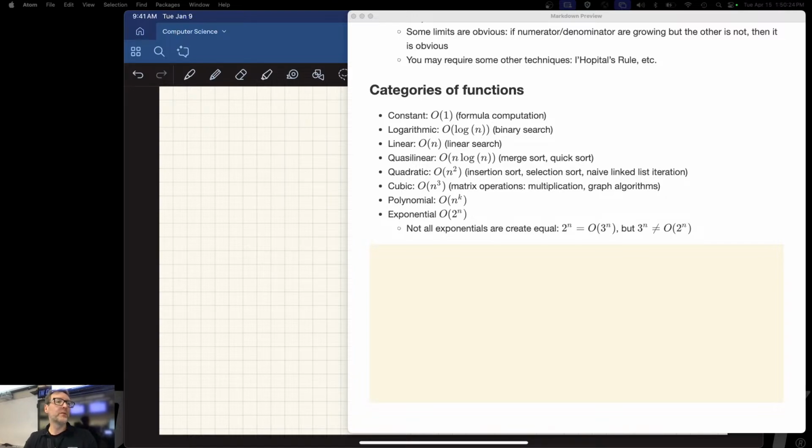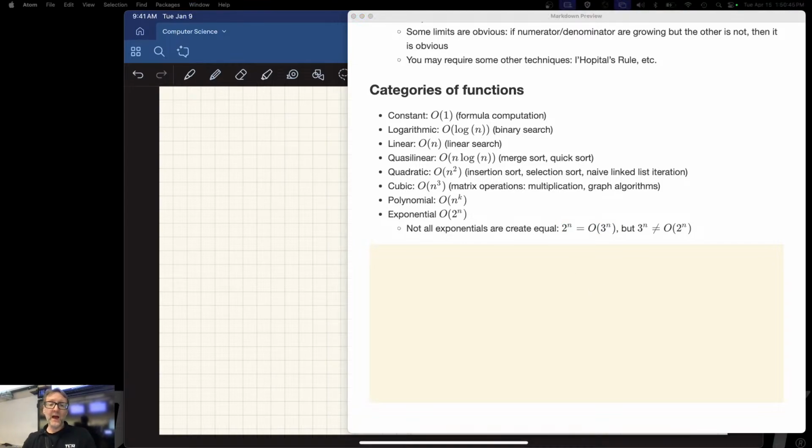So if you have a base even slightly larger, then you are in a completely different complexity class here. Yes, we call all of these things exponential, but 2 to the n and 3 to the n are not the same. 3 to the n is much larger, as we already just proved, actually.